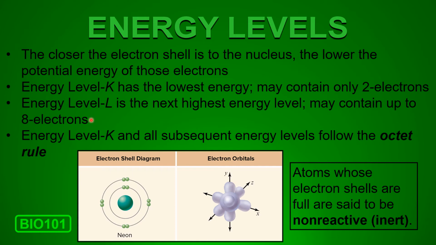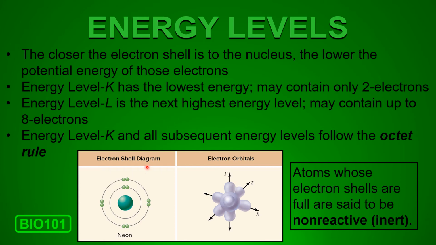Alright, so energy level K, this should say energy level L, because K is first, can only contain 2. This should say energy level L, and all subsequent energy levels follow the octet rule. Octet, by definition, means 8, a group of 8.